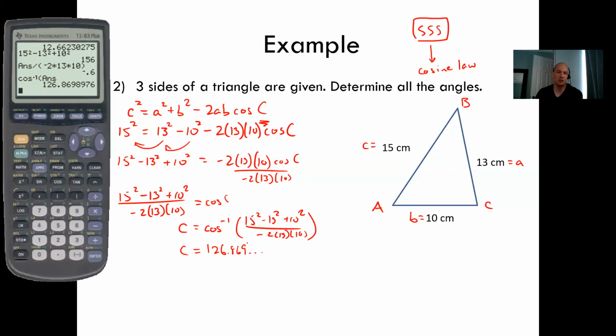That seems a little too big. In fact, if you look at this triangle, I don't really think I should be getting a large angle like that. It looks like it should be less than 90. So there's two ways I can go about approaching this, and I think the way that I'm going to go about approaching this is what I did is I took inverse cosine, and I took inverse cosine of negative 0.6.